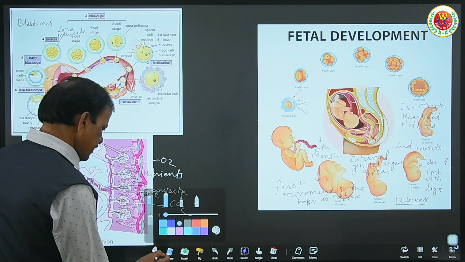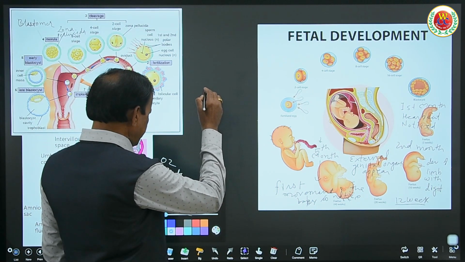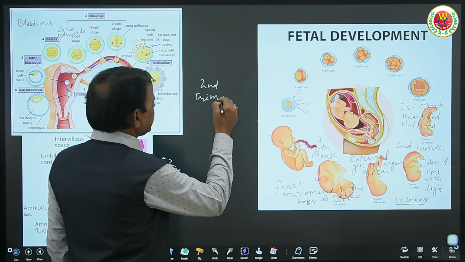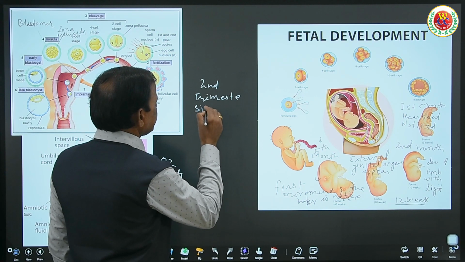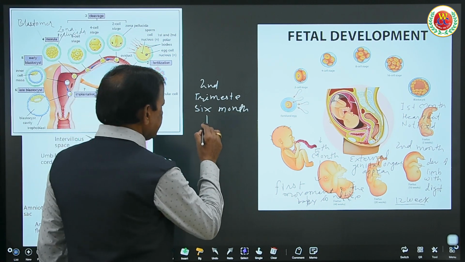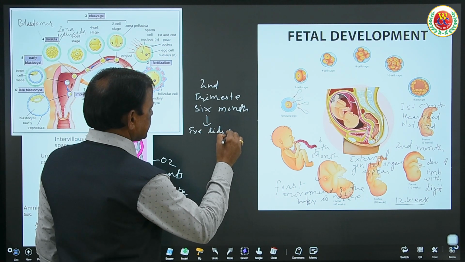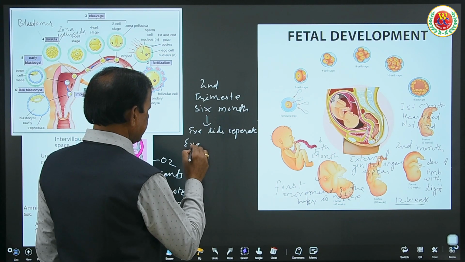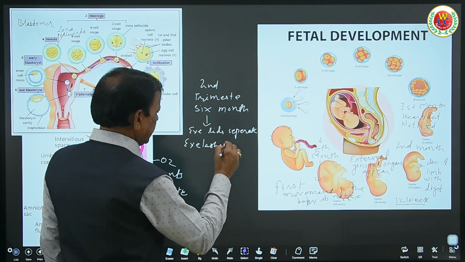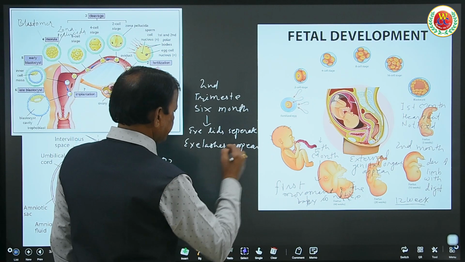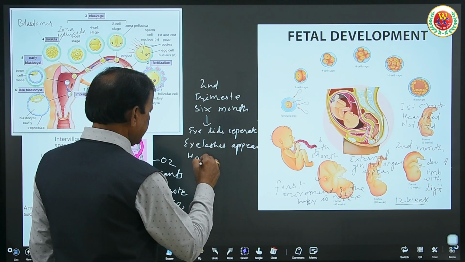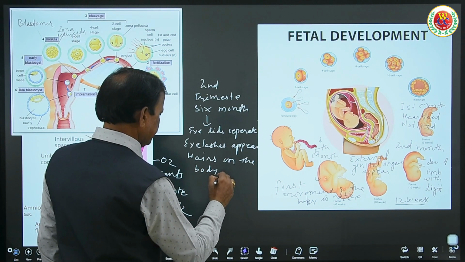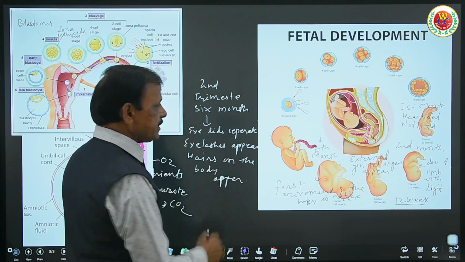So I can write here, by the time of second trimester, that means after 6 months, the eyelids separate, eyelashes appear, and hairs on the body appear. And by the end of 9 months, the fetus becomes the baby.